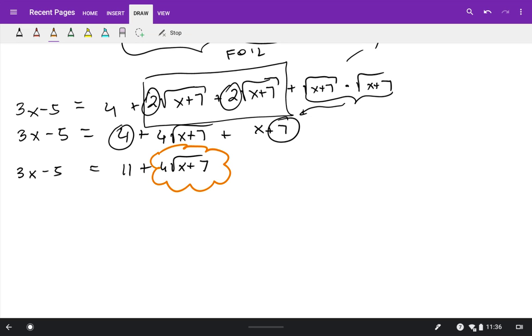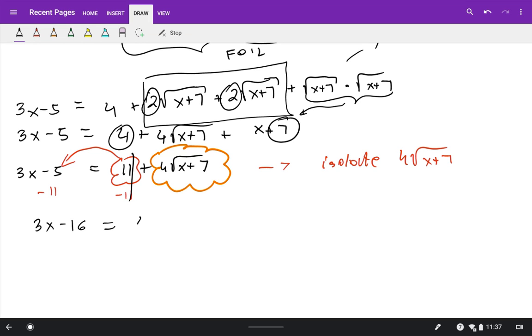I'm going to isolate it so that positive 11 is going to be moved to the left side. So I still have to isolate the 4 square roots of x plus 7. That means positive 11 has to be moved to the left side, subtract 11 from both sides. And that will give you 3x minus 16 equal 4 square roots of x plus 7, which means 4 times square root of x plus 7.